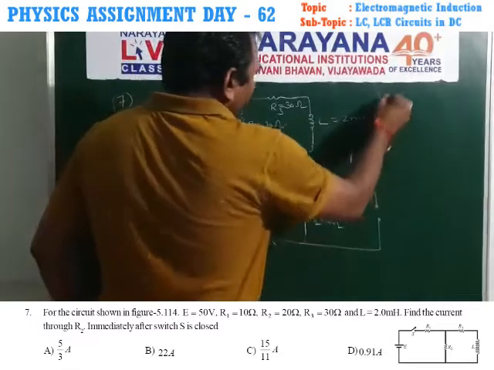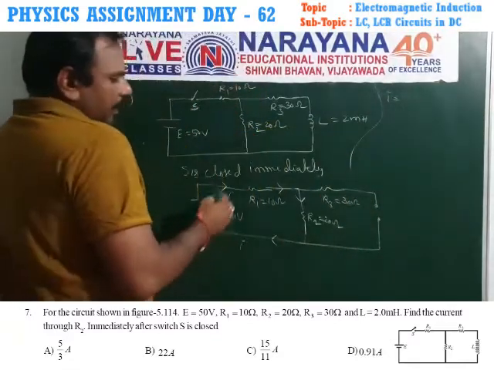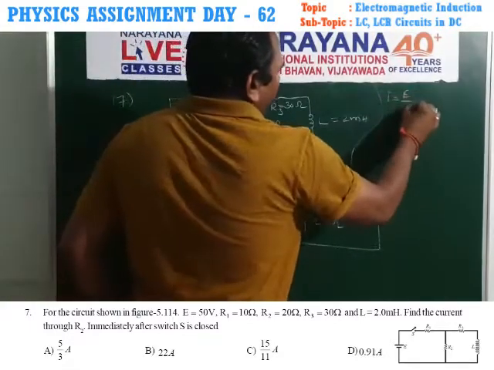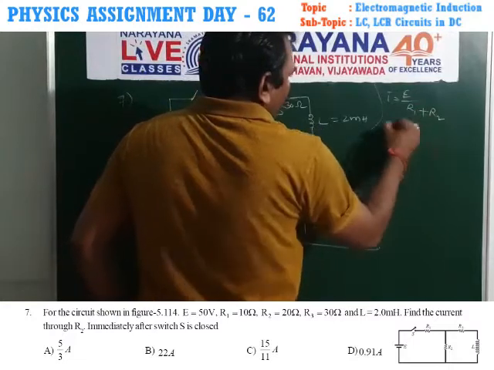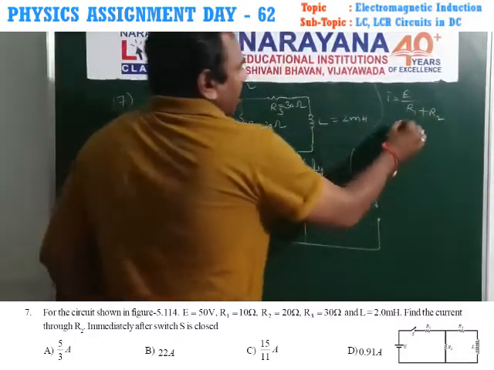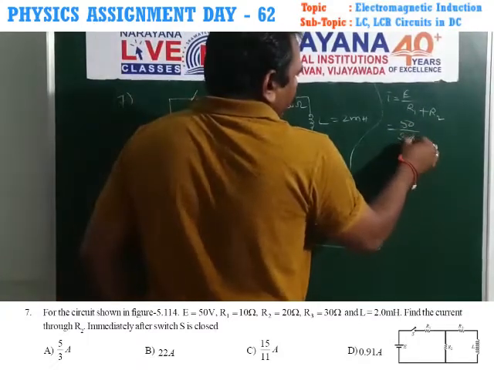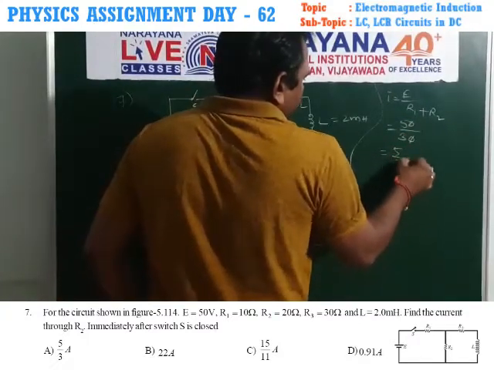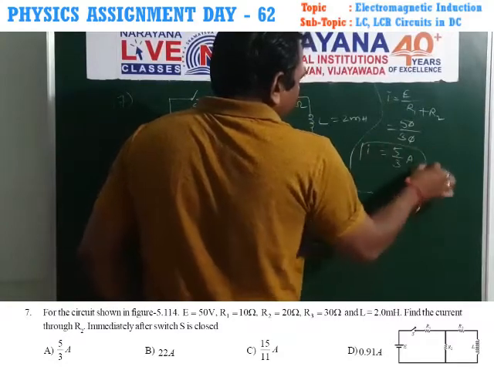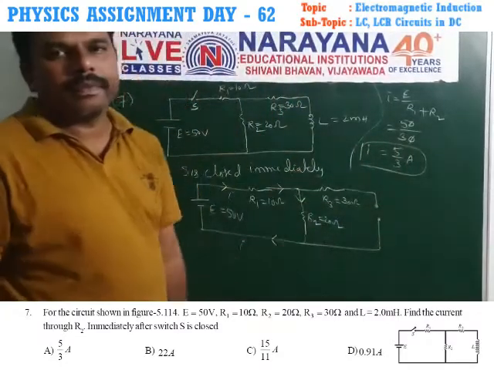Therefore, current I is equal to EMF by R1 plus R2, so 50 by 10 plus 20, that is 30. So 5 by 3 amperes of current passes through the R2 resistor.